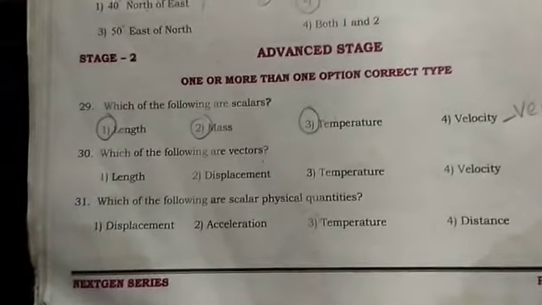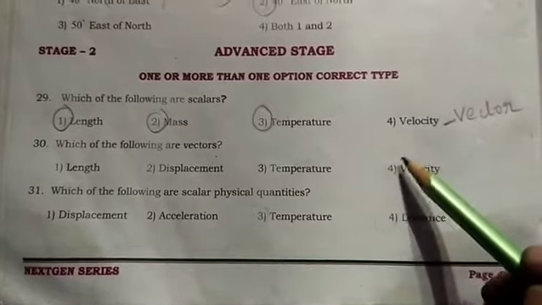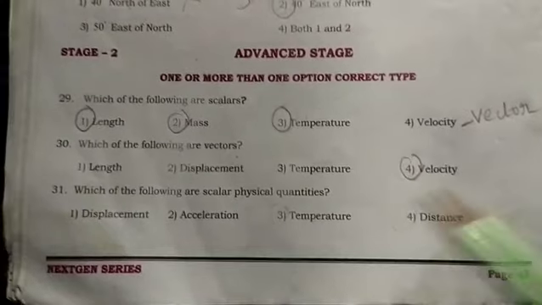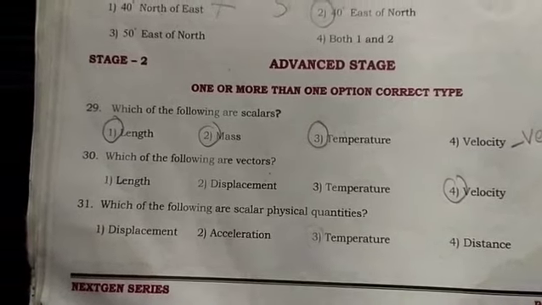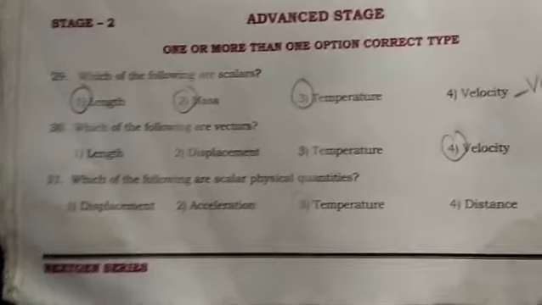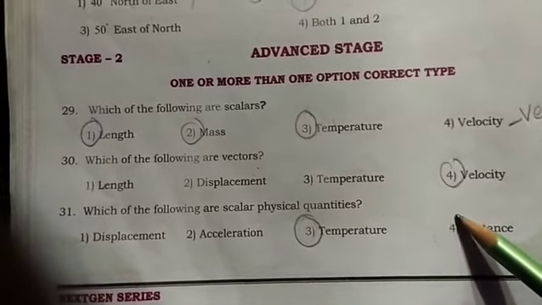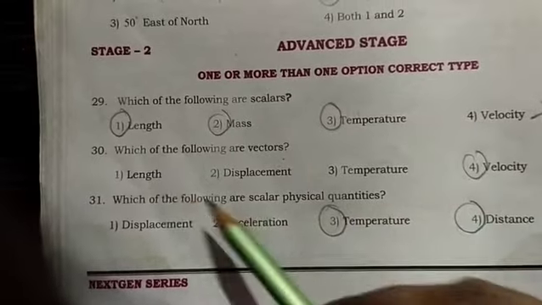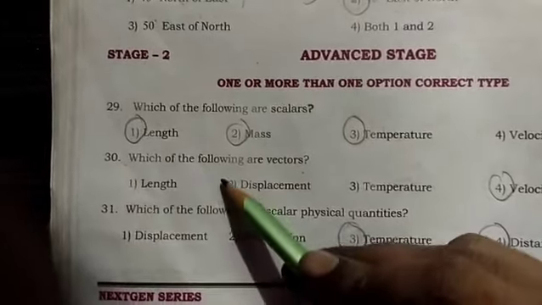Length, displacement, temperature and velocity. Yes, velocity is the vector quantity. Which of the following are scalar physical quantities? Very good. Temperature, distance. And in this one more vector is there. Good. Displacement.